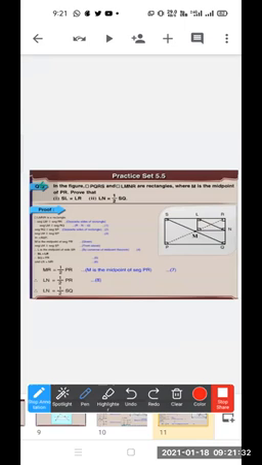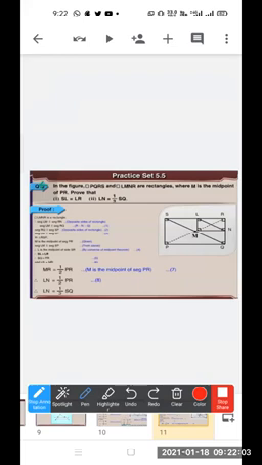Now see here, LN is equal to MR. LN and MR are the diagonals of a rectangle, and we know that diagonals of a rectangle are congruent.